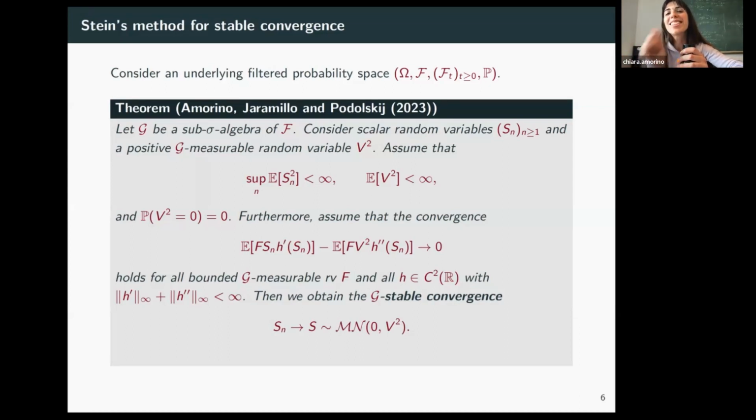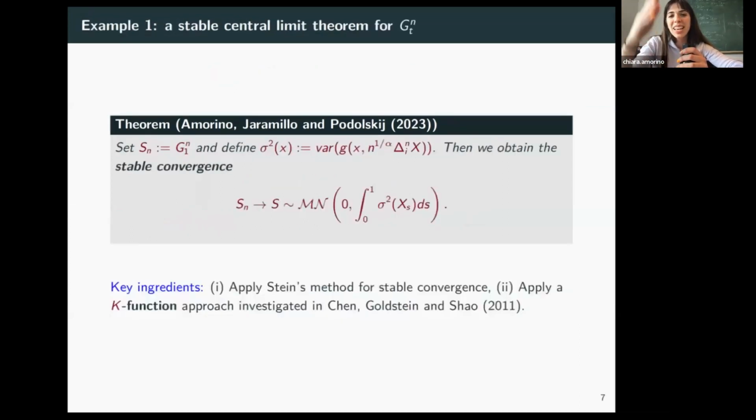This is the first example we are going to see. We have defined before the GTN, where we are considering statistics of the Levy process between 0 and capital T. Here we are just saying that T can be whatever you want. Why not take just the interval between 0 and 1?